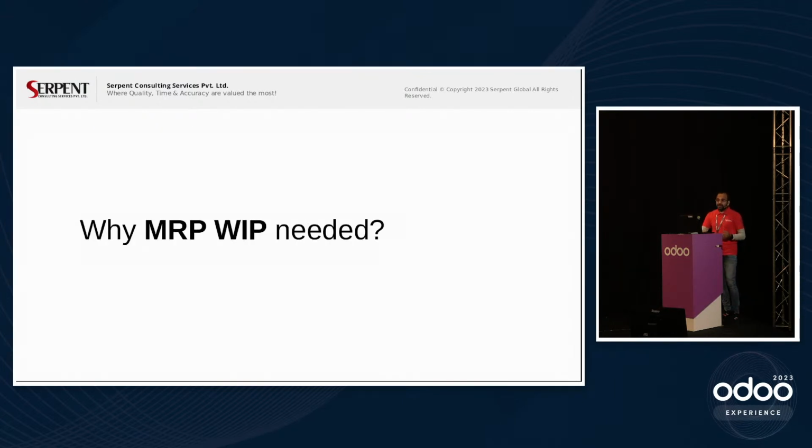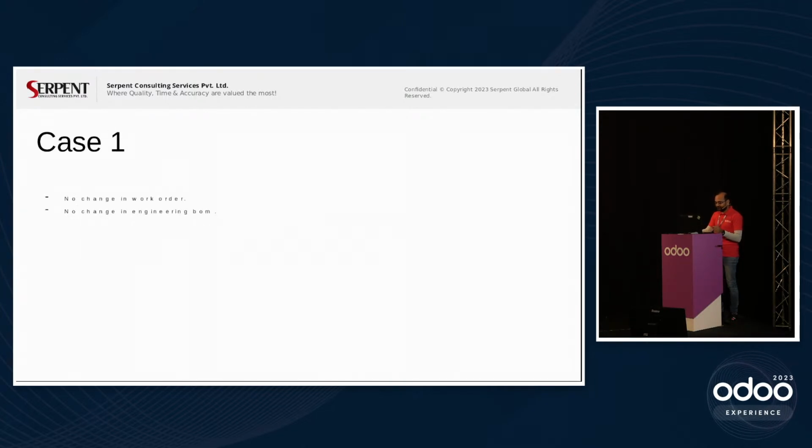Why do we need MRP? Of course, to make sure everything is linked to accounting. Whenever you are running an operation, be it manufacturing or a service, every point links to the heart of the company called accounting. So with this MRP work in progress, we'll be able to identify the accounting impact of it. That's what the session is all about.